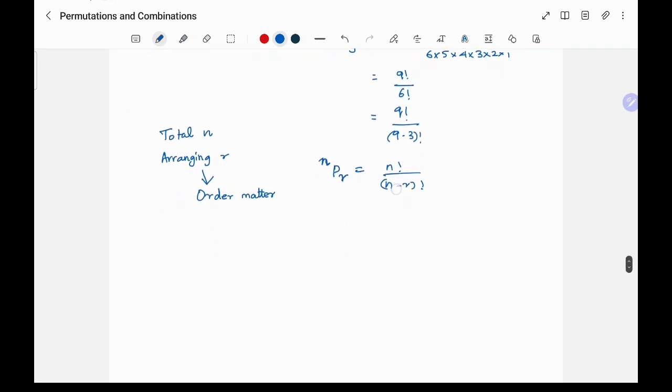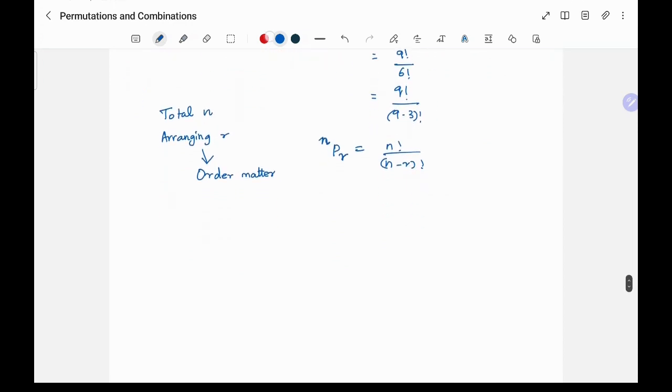So next again we'll see the simpler version of it, which is selection. So selecting r objects out of n.